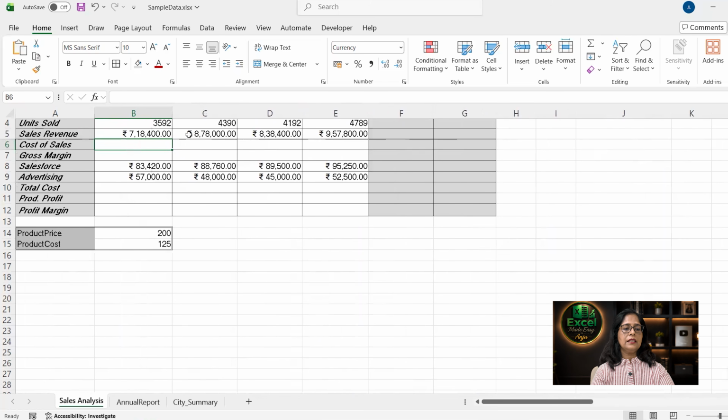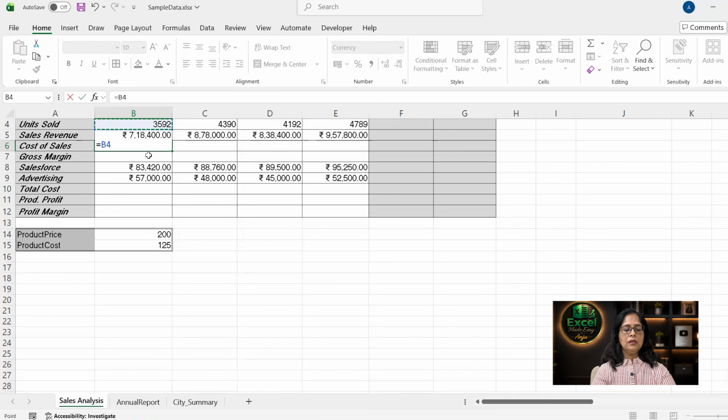So keeping this in mind, I can write the cost of sales formula as equal to units sold multiplied by product cost. Now we already know that product cost is to remain constant. So we are using function key F4 to make it an absolute cell reference.